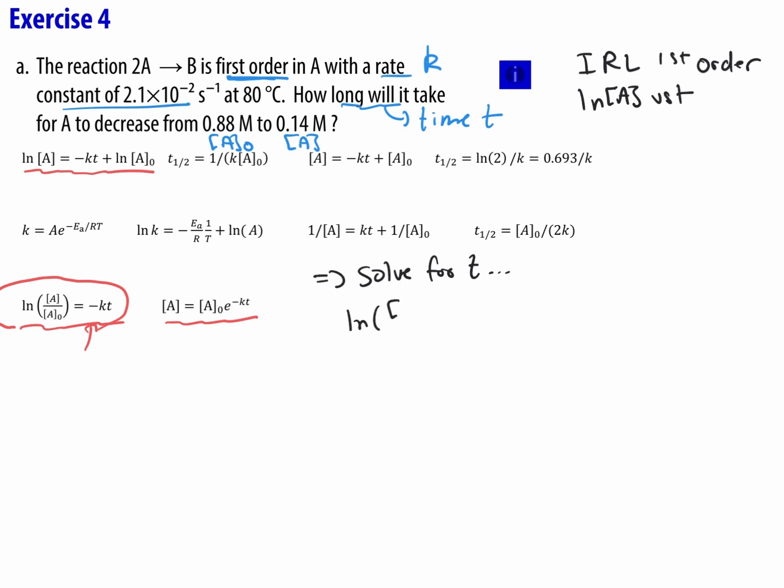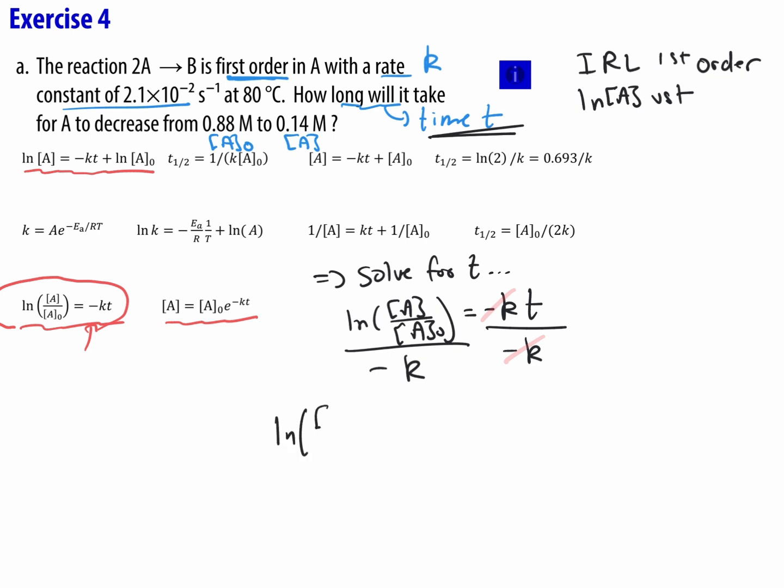Ln of A over A0 is equal to minus kt. Again, t is what we need to find, so to get t by itself, I'm just going to divide both sides by negative k. That will isolate t and give me ln. Now I can get ready to plug in here.